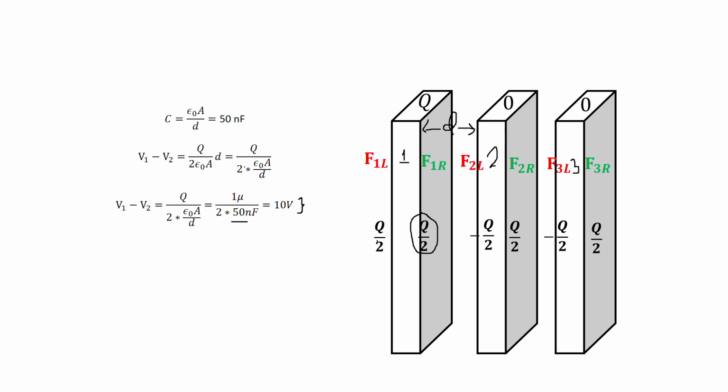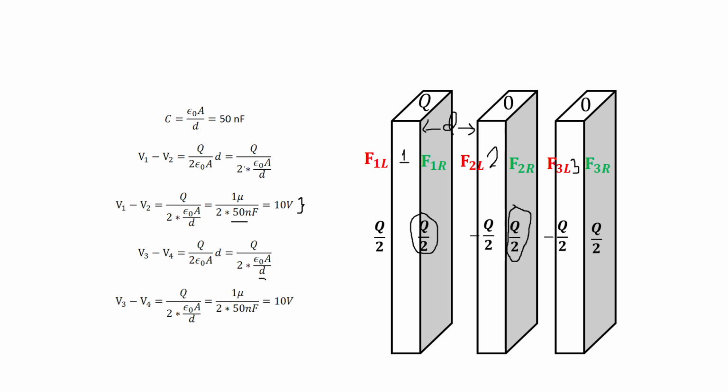In the same manner, when we calculate the potential difference between 2 and 3, we have derived that the potential difference between the two plates is proportional to the charge appearing on the face between 2 and 3. In this case it is Q by 2. So V3 minus V4 is Q by 2 epsilon naught A, multiplied by D, that is Q by 2 divided by (epsilon naught A by D).